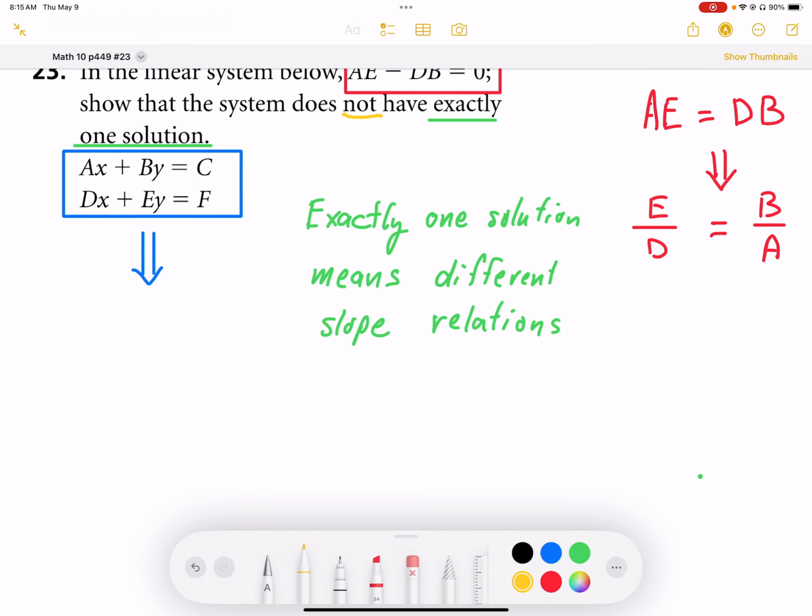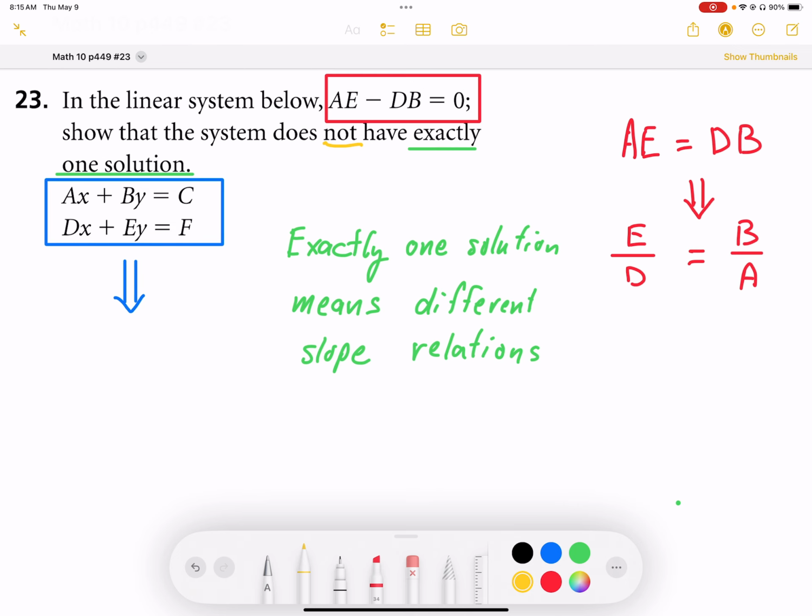The easiest way to do this problem is to rearrange those linear equations into slope-intercept form. If you know the formula for getting the slope from the general form, we can do that as well, but I'm just going to show it to you in slope-intercept.